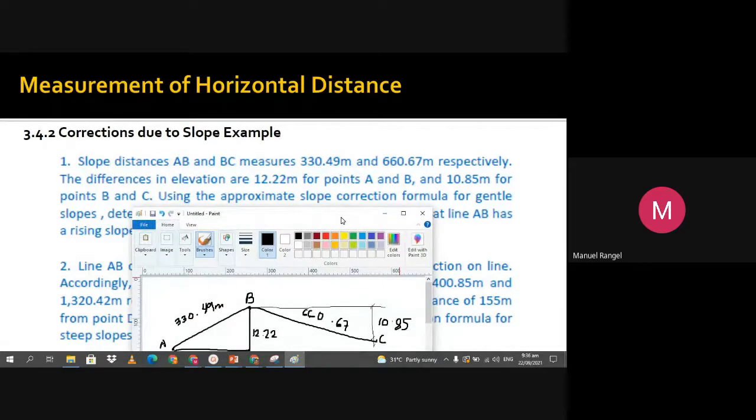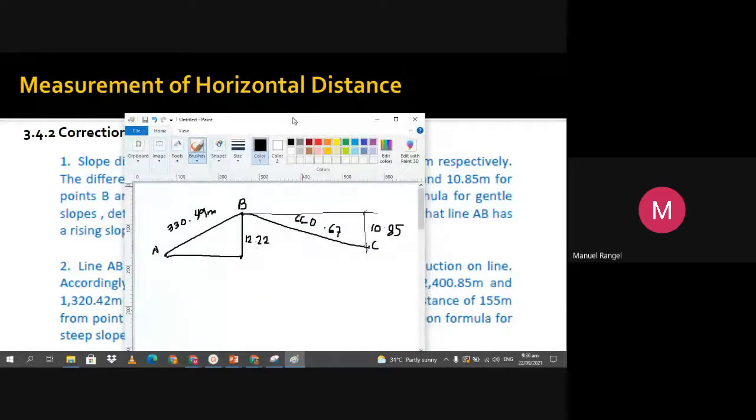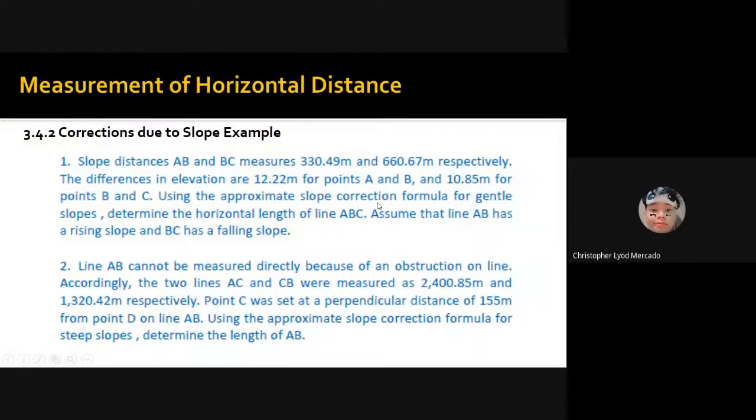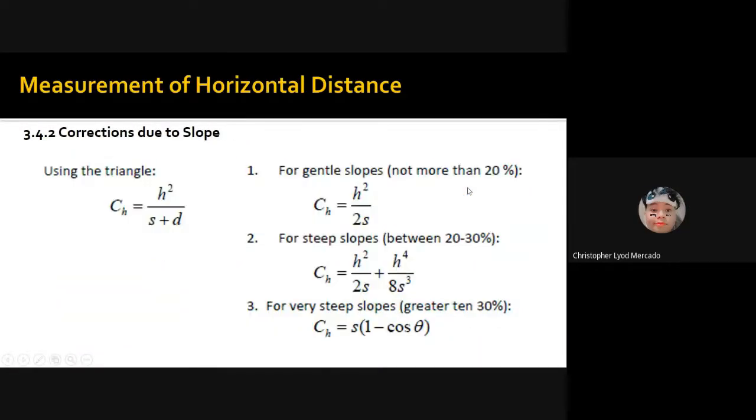Okay, using the approximate slope correction, CH is equal to h squared over 2s.